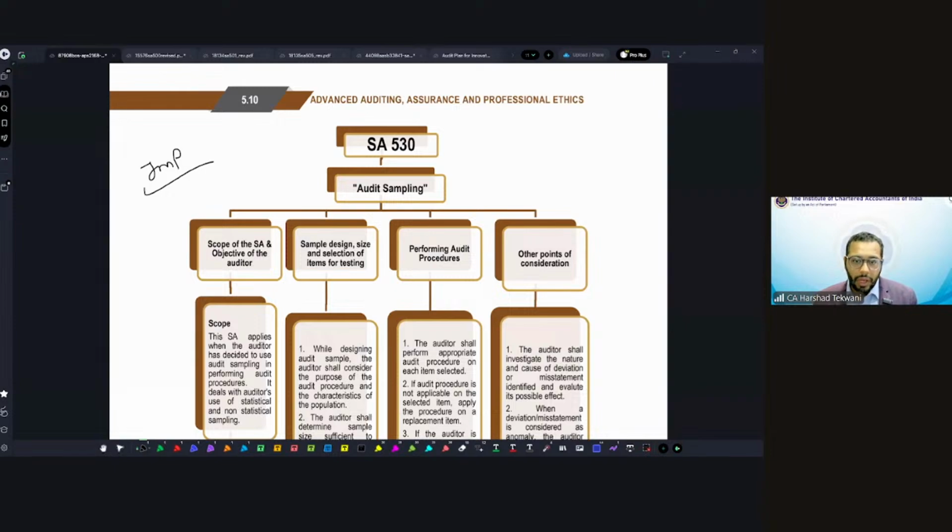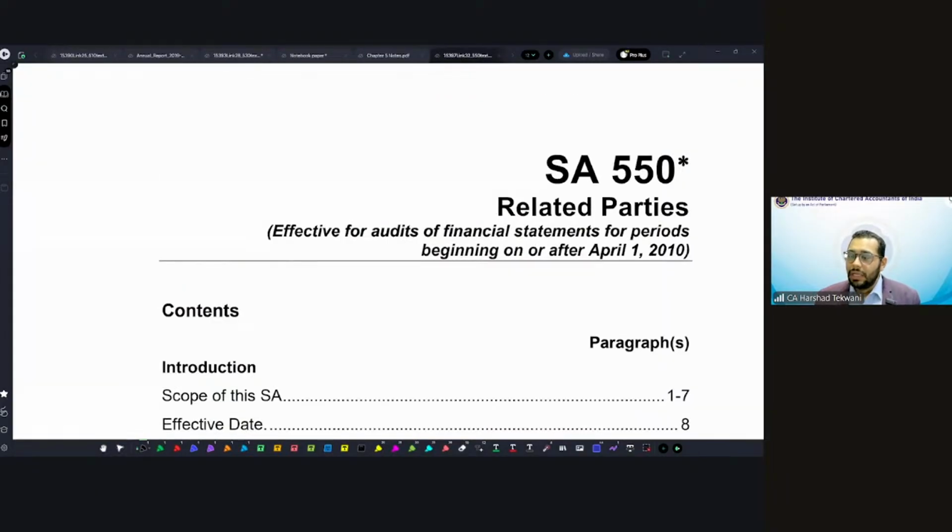Now, the first thing we need to understand is who the related parties are. Can anyone tell me what you mean by related party? The term related party. What is a related party?